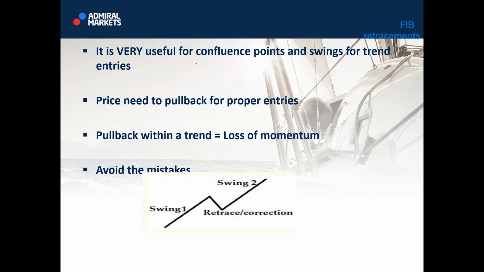Fib retracements is very useful for confluence points and swings for trend entries. Price needs to pull back for proper entries. Unless the trend is very strong, you need to wait for a deeper pullback. Always. Pullback within a trend is called a loss of momentum. It's called retracement.